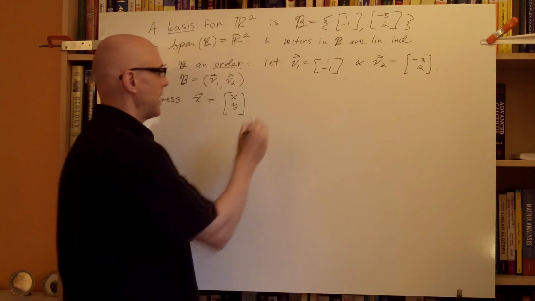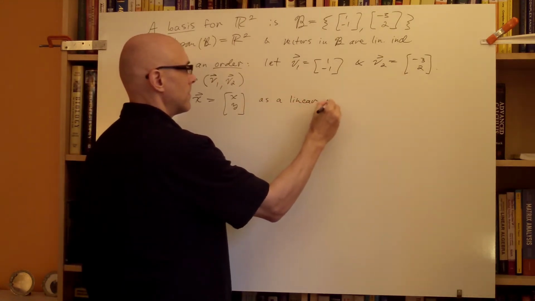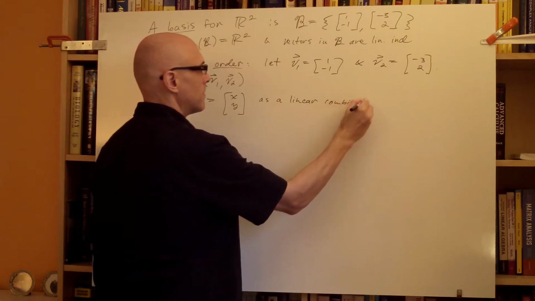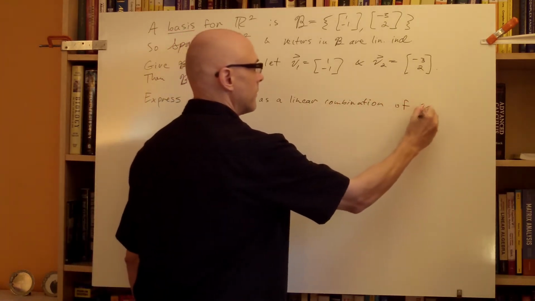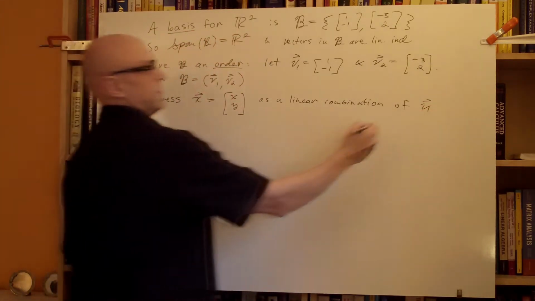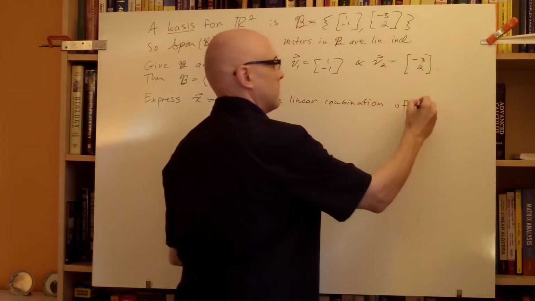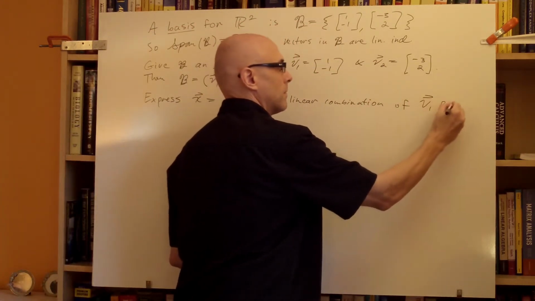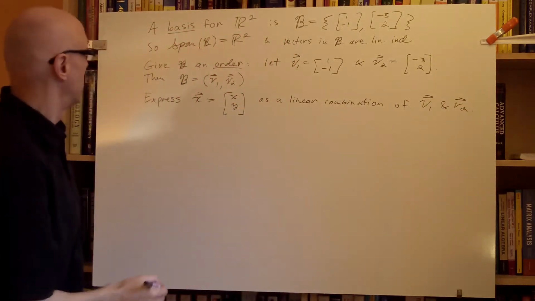Express the vector x as a linear combination of the basis vectors v1 and v2.